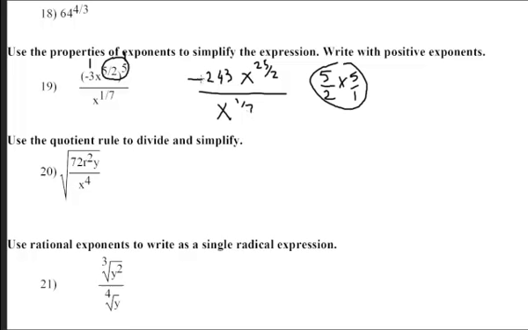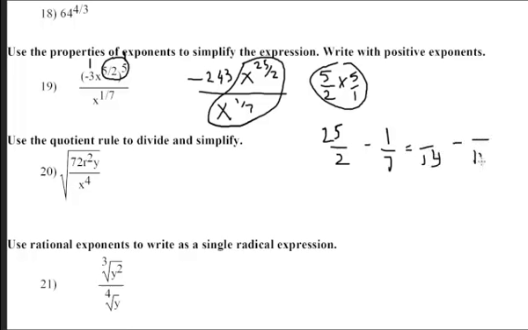On the bottom is x to the 1/7. Okay, so again, that negative 243 is just going to stay as it is, as a numerator. I've got to deal with this. This is a division, so I'm going to subtract the exponents. 25 over 2 minus 1/7. Common denominator, you should know, is 14. Just 2 times 7. Okay, 14. Right, I've multiplied by 7 to get to there. What's 7 times 25?